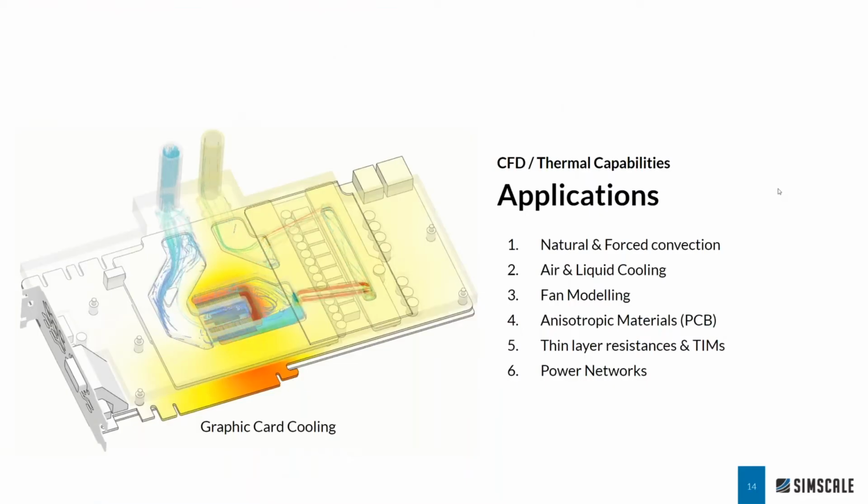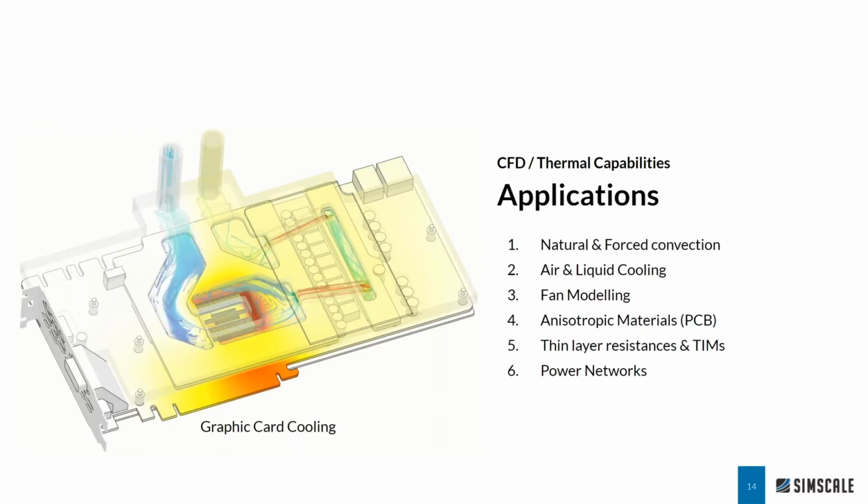So I'd like to first provide an overview of what types of capabilities SimScale has. It is considered a multi-purpose or workbench type tool that has all the CFD physics you may see in a traditional desktop solution. So this includes both natural and forced convection, air or liquid cooling. We can model fans.